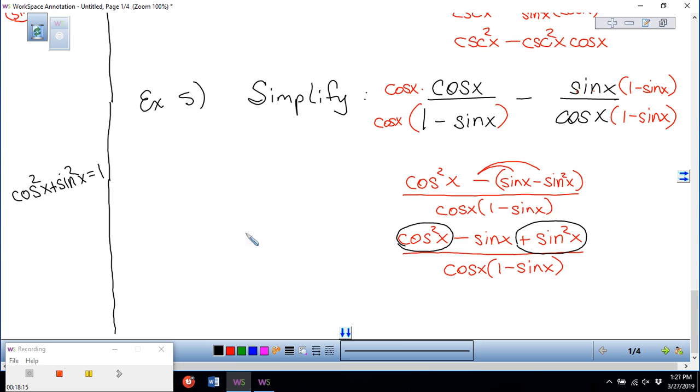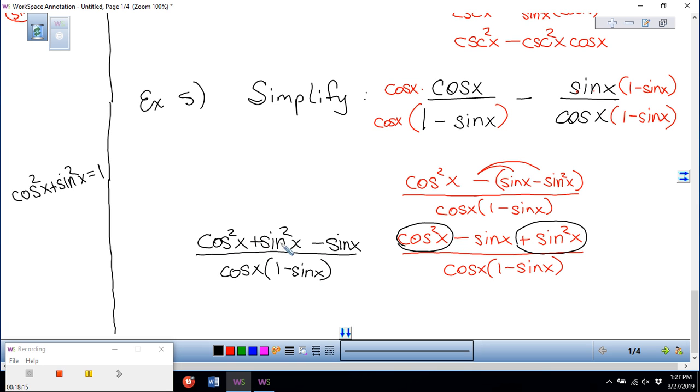So if I wanted to, I could rewrite that numerator like this: cosine squared x plus sine squared of x, as long as I take the sign with it and keep the minus on the sine of x. So I just rearranged them. That's called commutativity. As long as you keep the sign with it, you can do this.